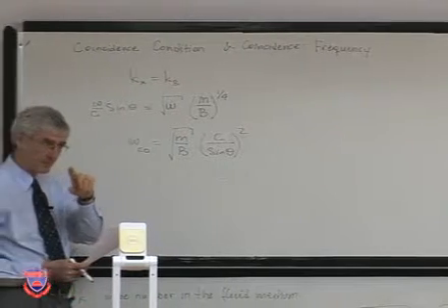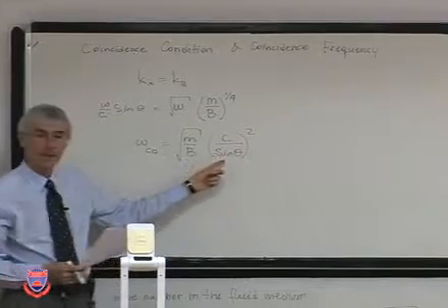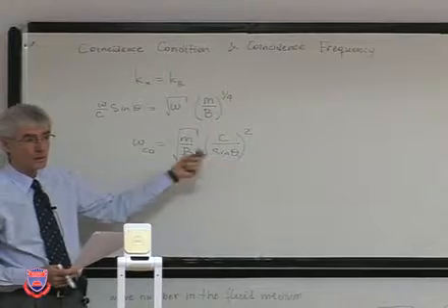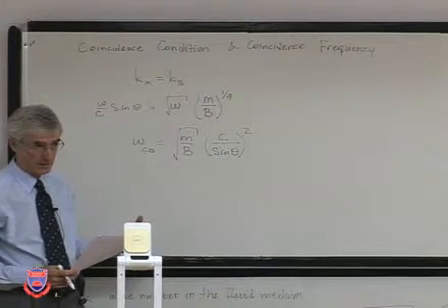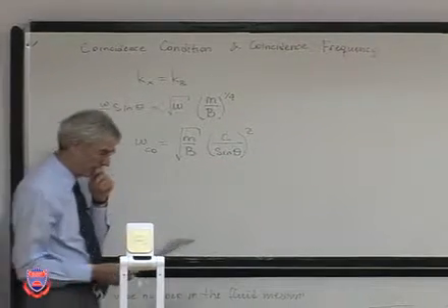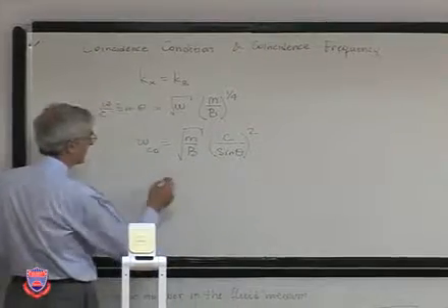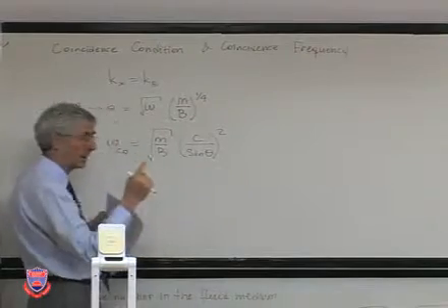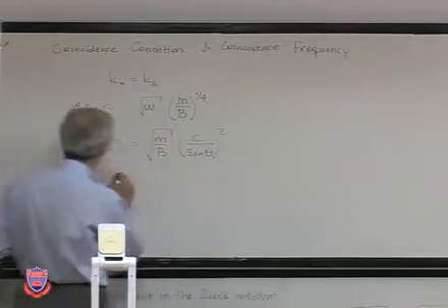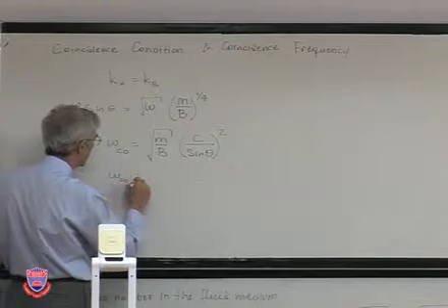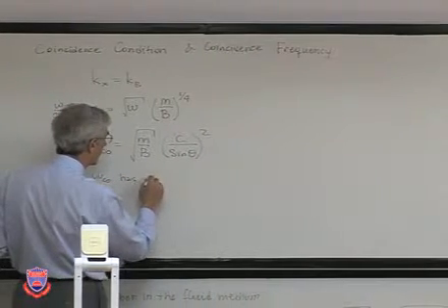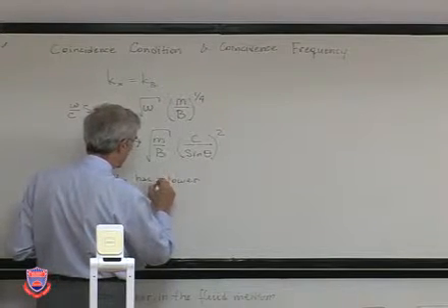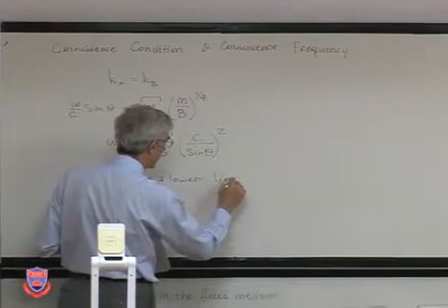Now, one more step, sine theta. Sine theta is always equal to 1 or less than 1. Okay? Now, what that means is the maximum value of sine theta is 1, so the coincidence frequency has a lower limit. And what is that lower limit?